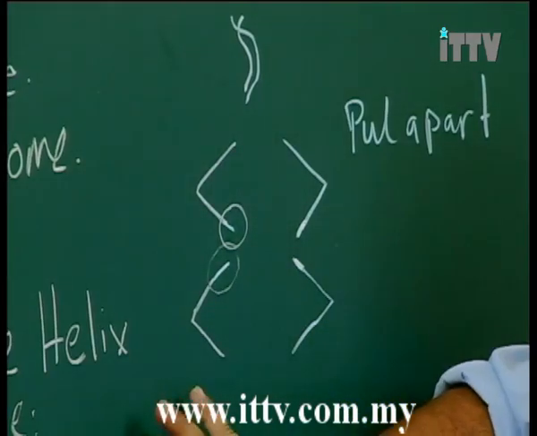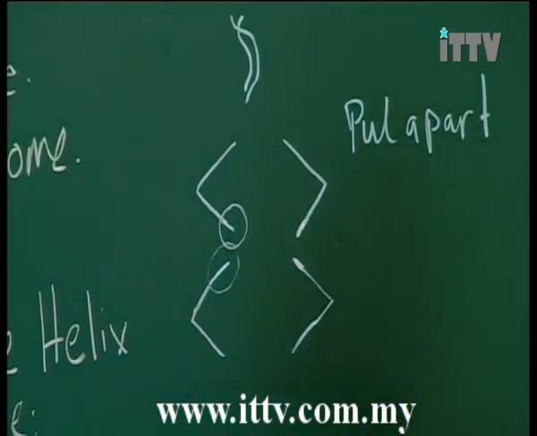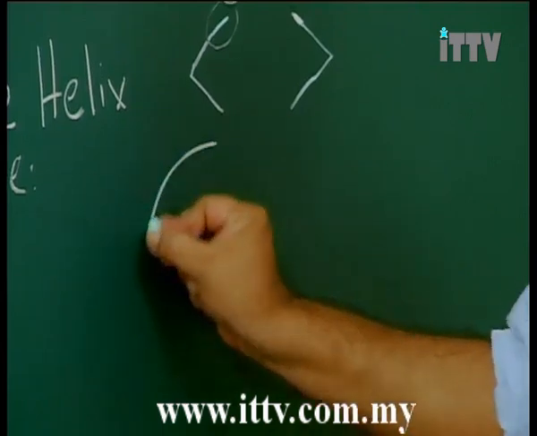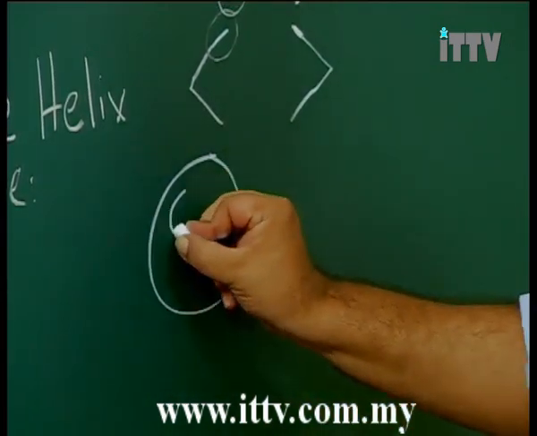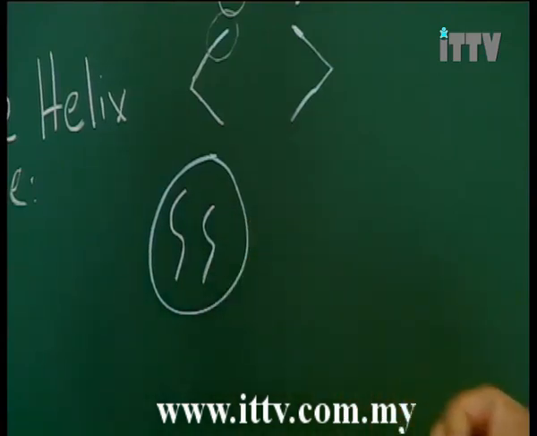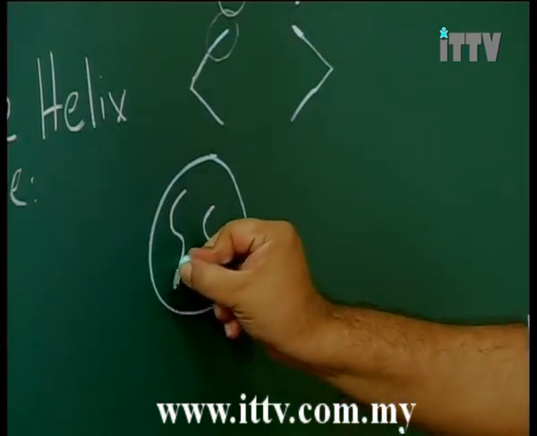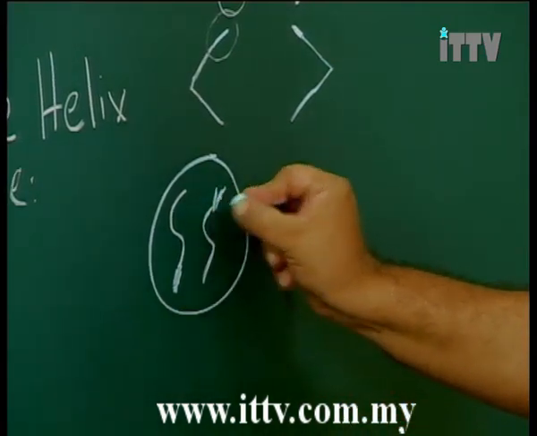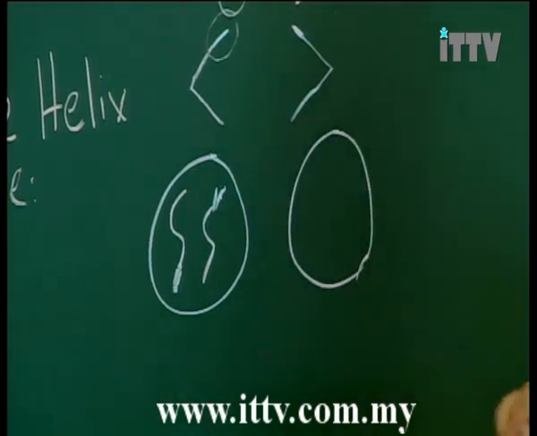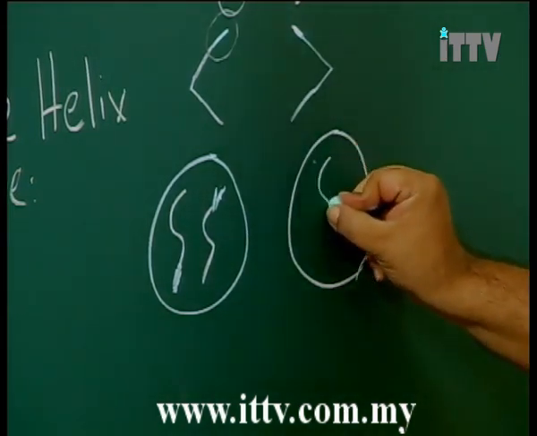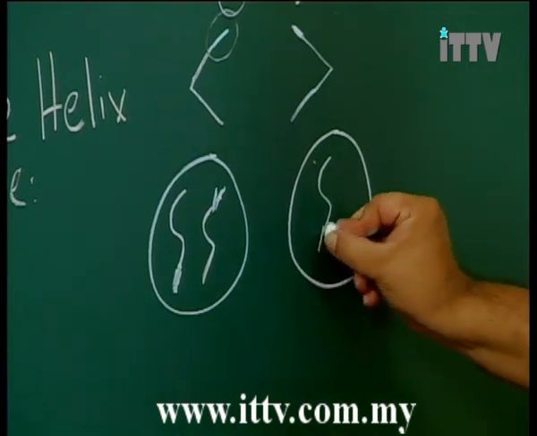Okay, now what we end up with is one cell over here with slightly different chromosomes. This one's got a little green at the end, and this one's got a little green at the top. And then we have another cell over here. This one is all green with a bit of white at the bottom.